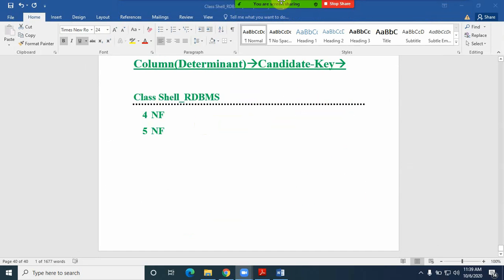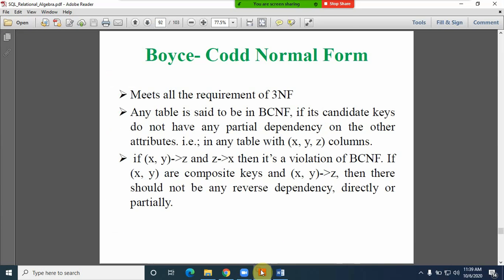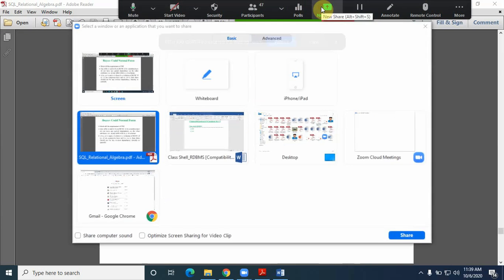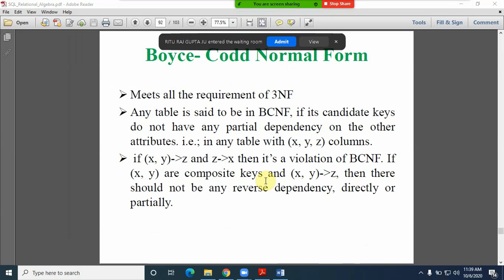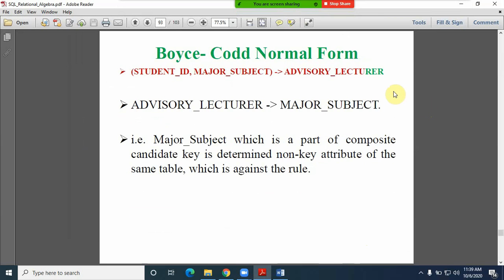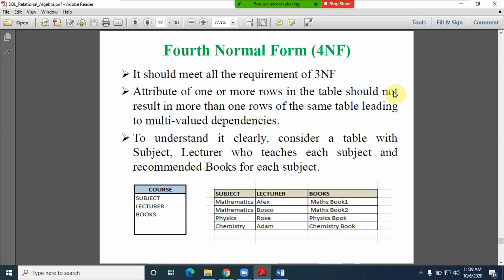So if you are referring to the fourth normal form, friends, this is only an advancement, but the definition is very simple. Observe here, it should meet all the requirements of the third normal form.